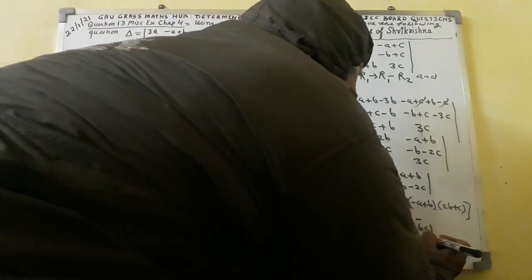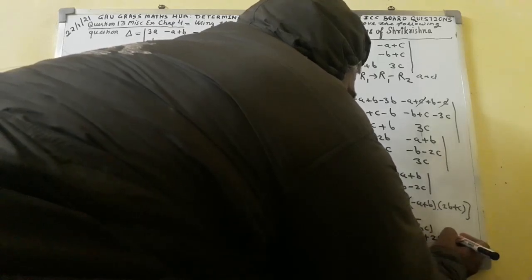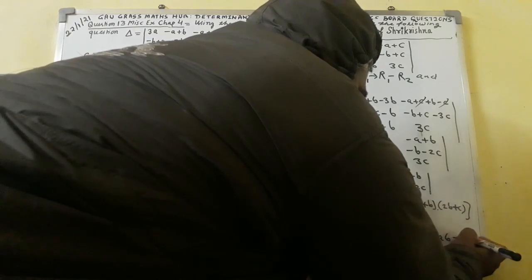We will get here plus 2AB minus 2B square plus 2CA minus BC.